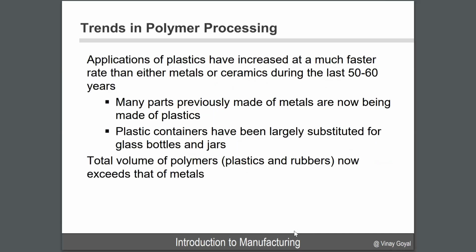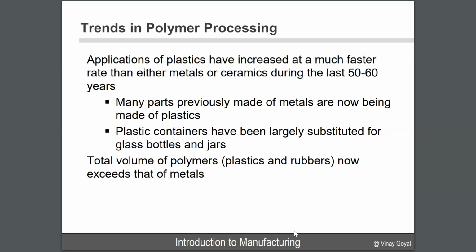So what are the trends in polymer processing? The reality is that the use of plastic materials has increased at a greater rate than any time in history, at least for the past 50 to 60 years. Polymers are cheaper, and as you learned from the previous lecture, we can create synthetic polymers.